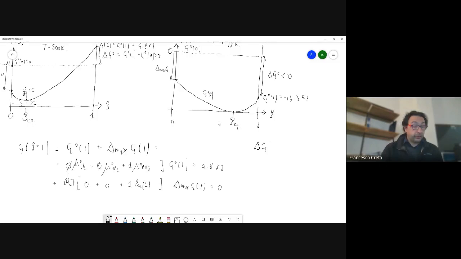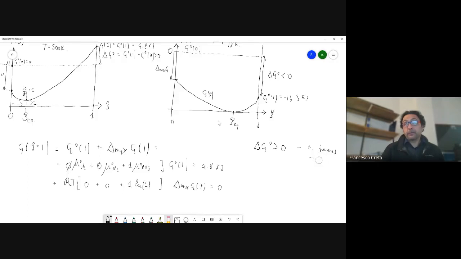So if delta G generally is bigger than 0, the reaction generally favors products. And this is this case here. This delta G is 0, so you have the minimum, which is more shifted towards the, why, it's unbelievable how I always say the opposite.